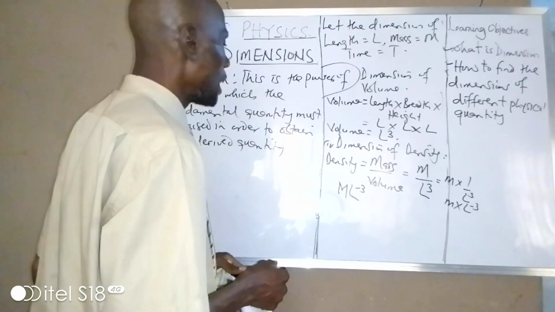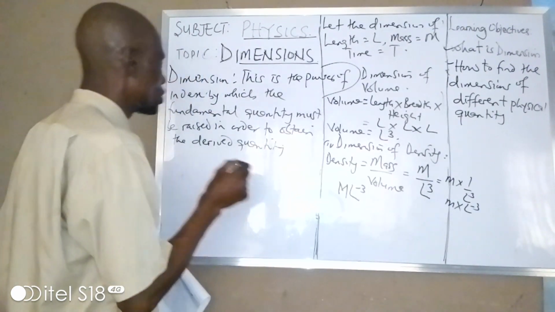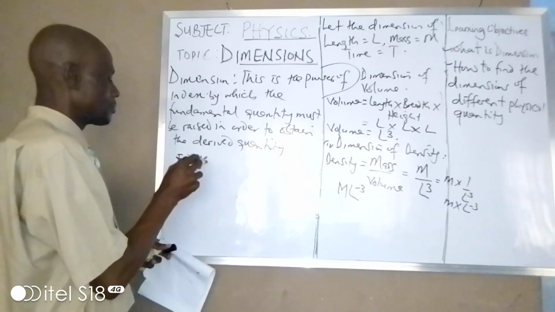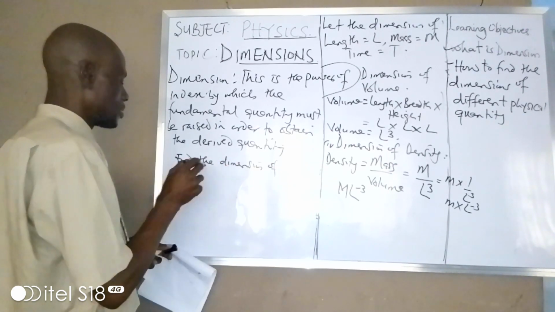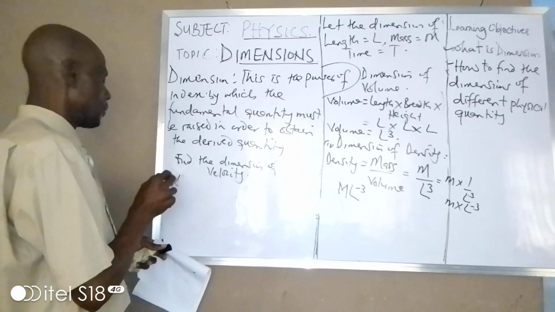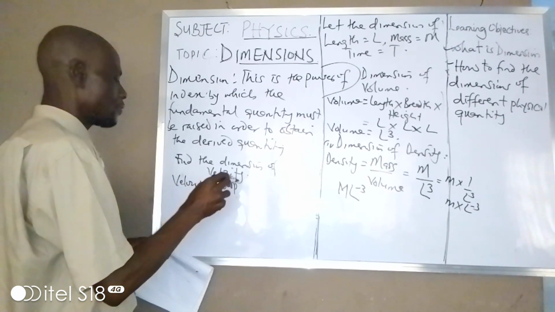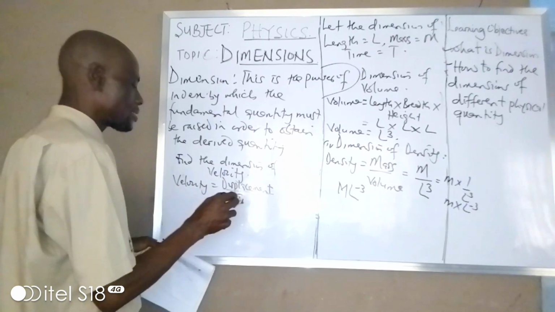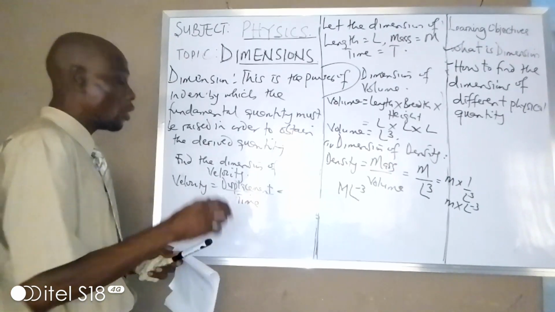So another one. Let's find the dimension of velocity, that is displacement over time taken. And you know the formula of velocity. Velocity is what? Displacement over time. Know the formula first. Displacement all over time. Okay. And what is the dimension of displacement?